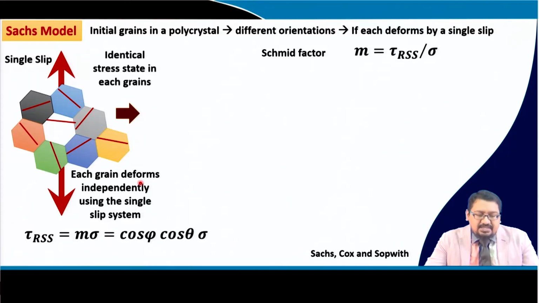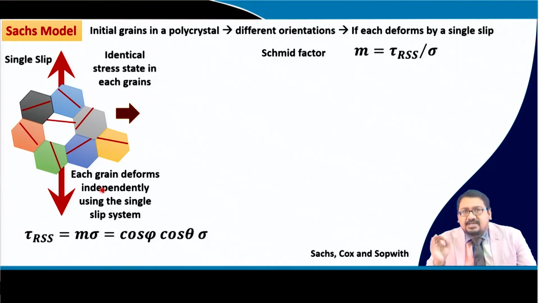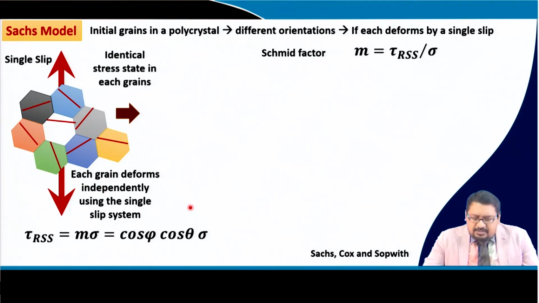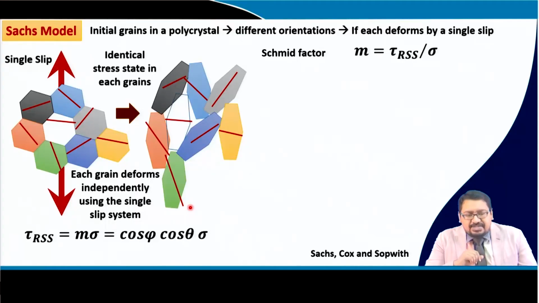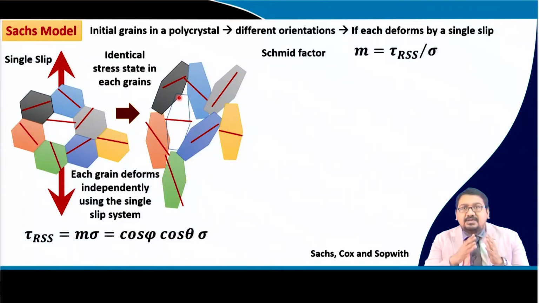Each grain deforms independently using a single slip system, right. Now if the deformation takes place, then the shape change in the grains will be such that it will not allow the polycrystalline material to have grain boundary contiguity. So, the grains may deform, but their boundaries may not be intact.